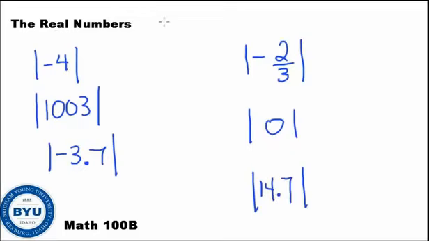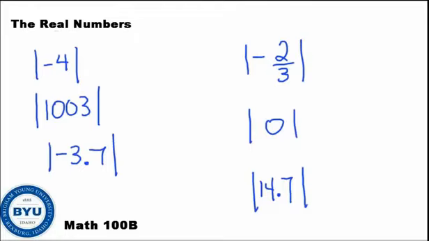Go ahead and pause your video and write these problems down in your video notebook. There's 6 of them, and answer them. Let's see if you can find the absolute value, remembering that absolute value means distance. Pause the video and resume it when you're ready to check your answers.